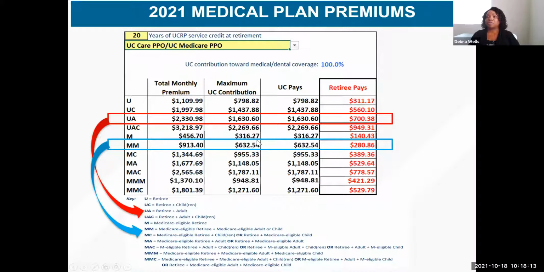The maximum UC contribution is $632.54, leaving a balance of $280.86 that the retiree would have deducted from their monthly pension. Keep in mind that even though you're paying this $280.86, you're also paying your Medicare Part B and or Part D premium out of your Social Security check.